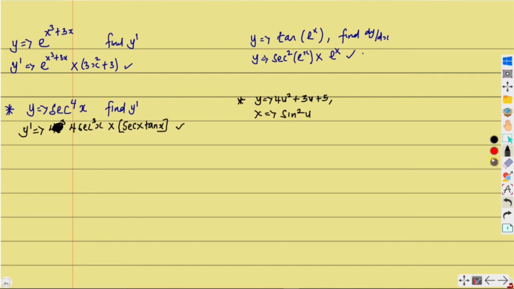The examiner asks us to find dy/dx. This is the last example I am taking under this.